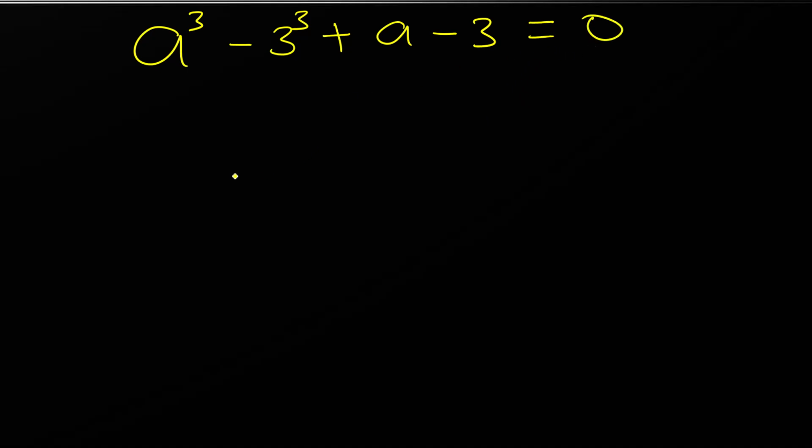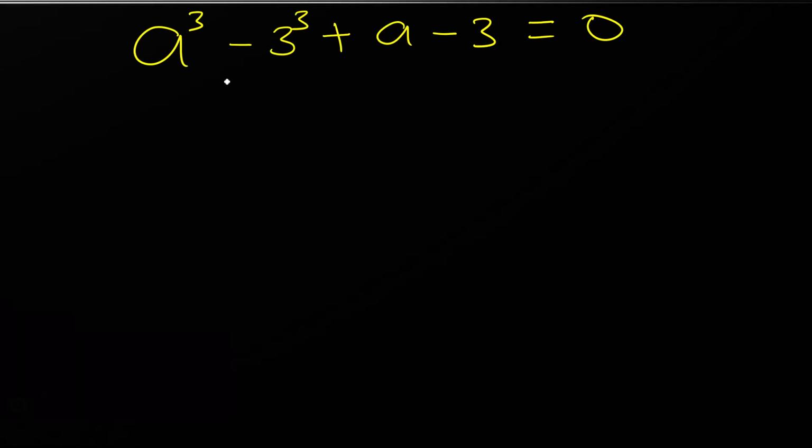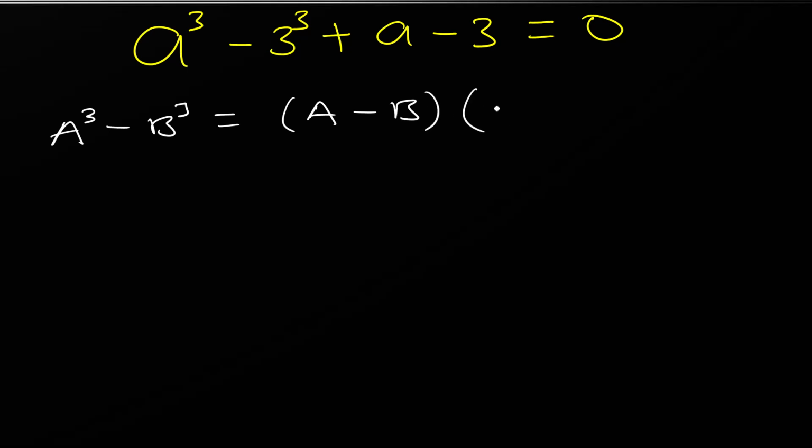Now let's be very careful here. a cubed minus 3 cubed is the same as a cubed minus b cubed, which we call the difference of cubes. That will be a minus b times the first term squared plus the product of the two plus this one squared.